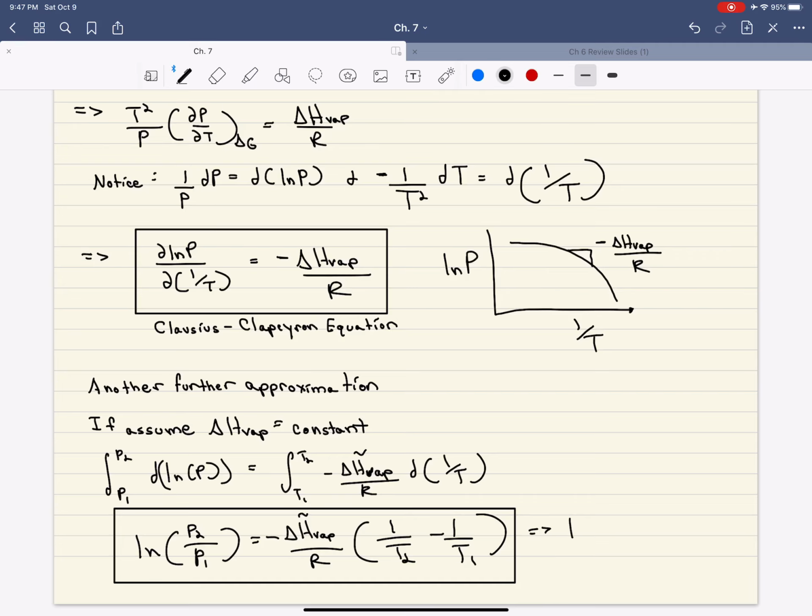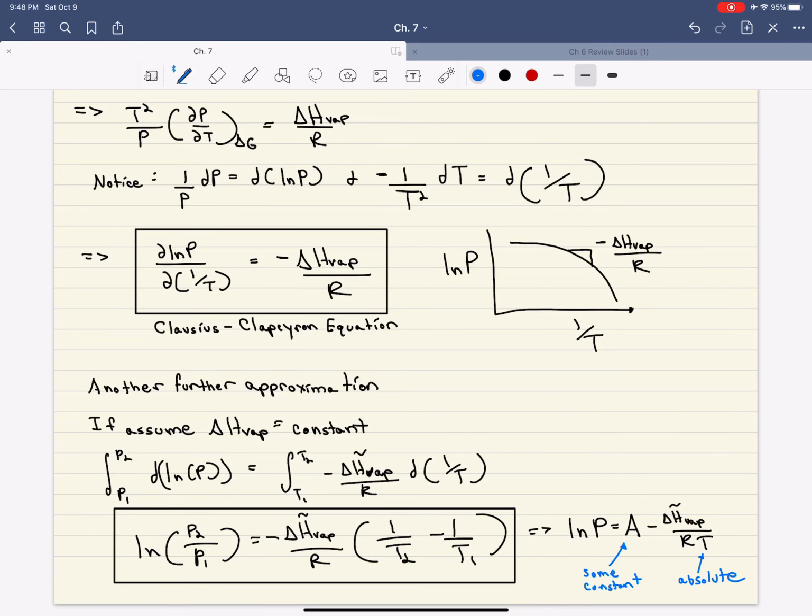So a general form would be the natural log of P is equal to A minus HVAP over RT. This is the version that you would get if you just took an indefinite integral, where A would be some constant. And of course, the temperature here has to be an absolute temperature.